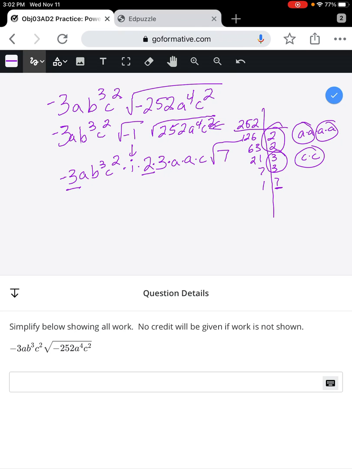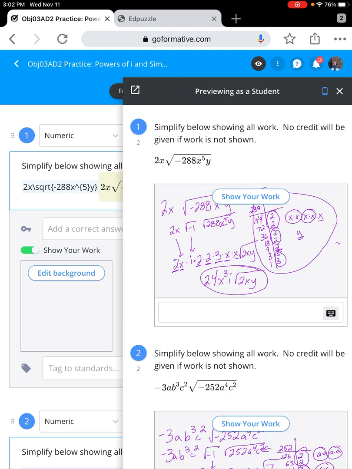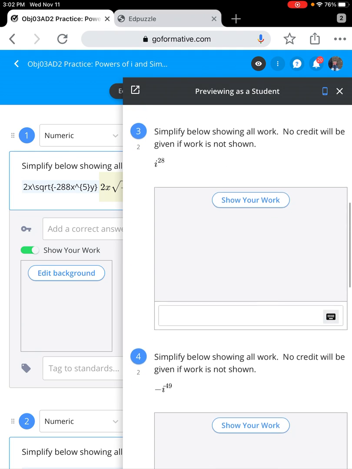What's left that's not circled, it's just going to be that lonely number 7. -3 times 2 is -6. -6 times 3 is -18. I have 1 a here and 2 a's here, so I have a total of 3 a's. I only have my 3 b's here. I have 2 c's and 1 c, so that's going to be c cubed. I have an i, and I have a radical 7.